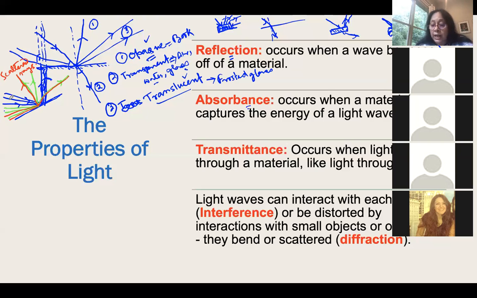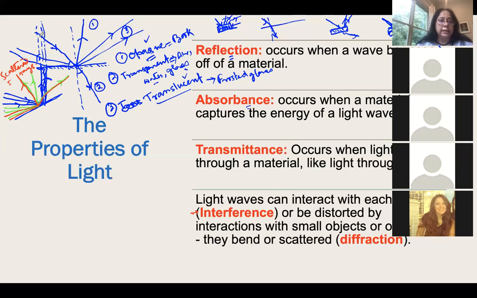And this can only happen when the light is scattered. This characteristic feature of light is called interference. Okay, so light waves can interact with each other, and make sure to remember that they can interact. Light rays can interact with each other only if they are scattered. Otherwise, they cannot.